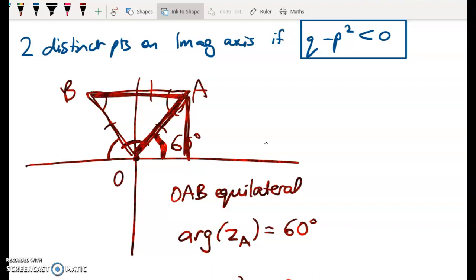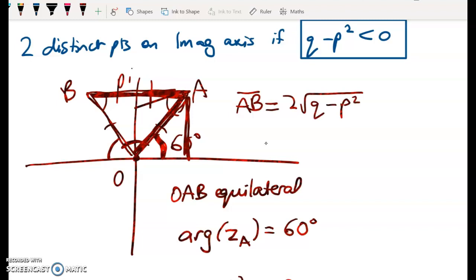The length AB is really easy, right? Because we know that they're both sitting at Pi. So length AB is just equal to 2 times the real bit. So it's 2 root Q minus P squared.